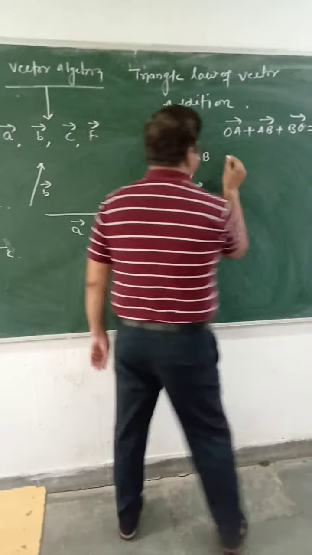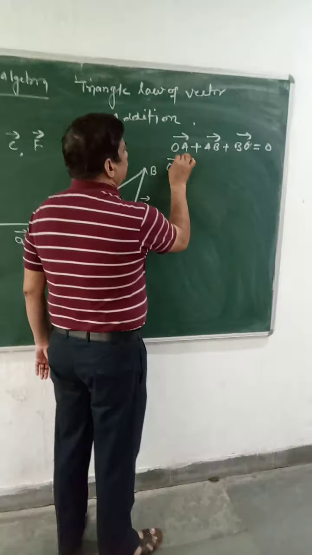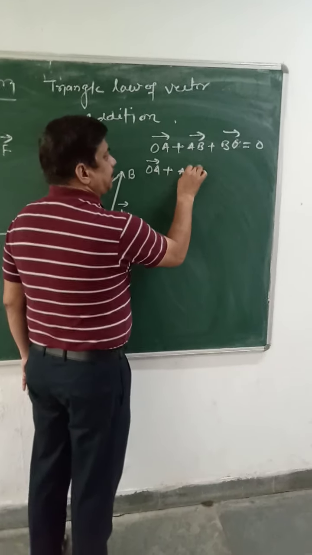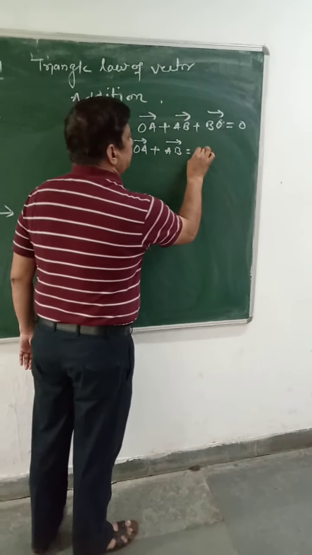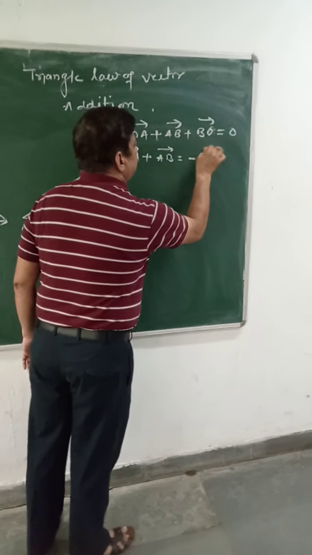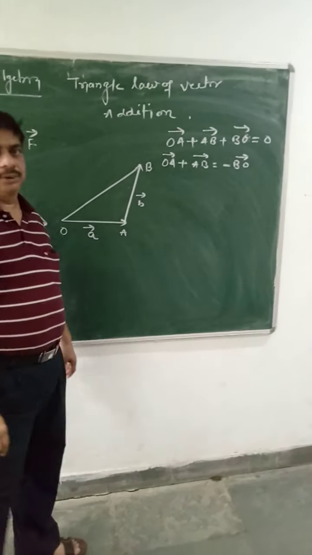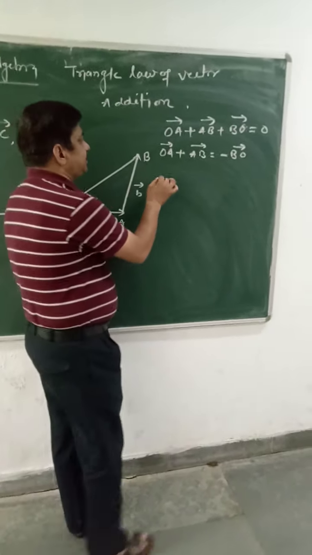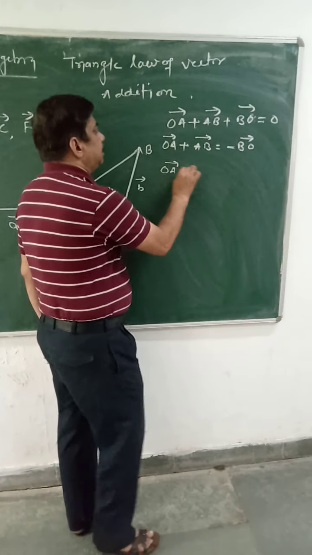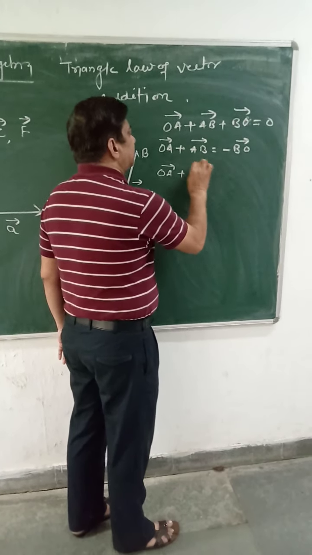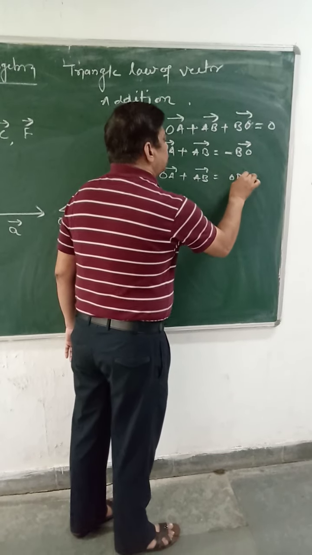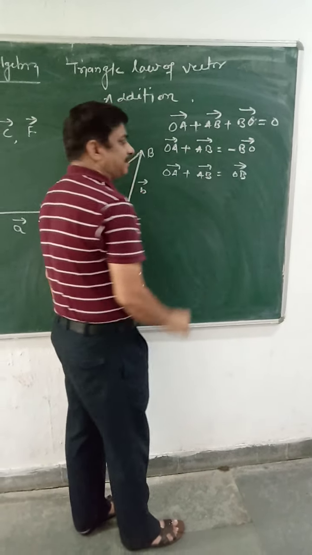The same thing we can write as OA plus AB is equal to minus BO. Yes or no? So this OA plus AB, can I write it as OB? Yes.